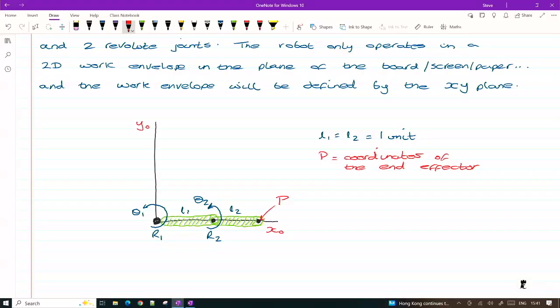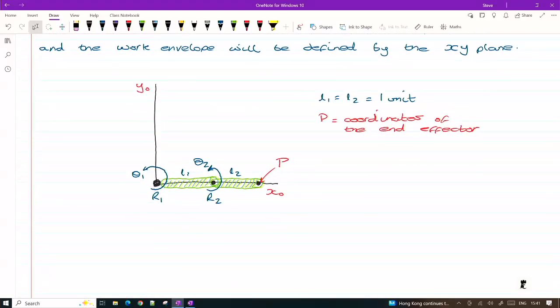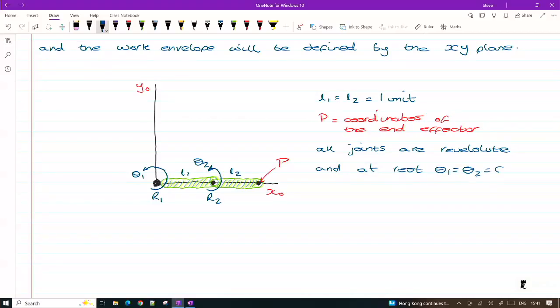Okay, so all joints are revolute for our purposes, and at rest, okay, so that's the situation.